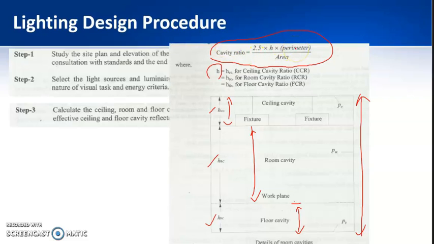Perimeter is nothing but, you have your room, length and breadth will be given, so it is 2 times L plus B, and then area is nothing but L into B.